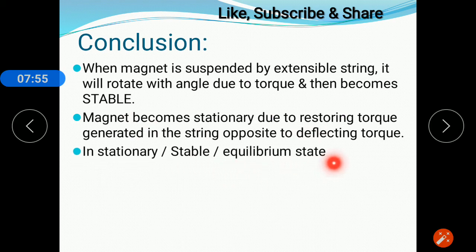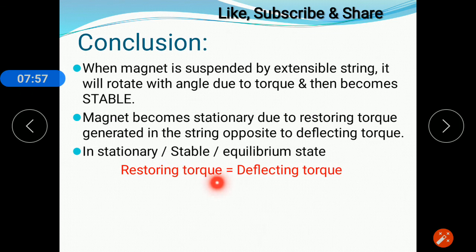Now in the equilibrium condition, the restoring torque is equal to the deflecting torque. What it means is, when the magnet is suspended by a string and we move the bar magnet, that is the deflecting torque, and at the same time the string is also deflected.